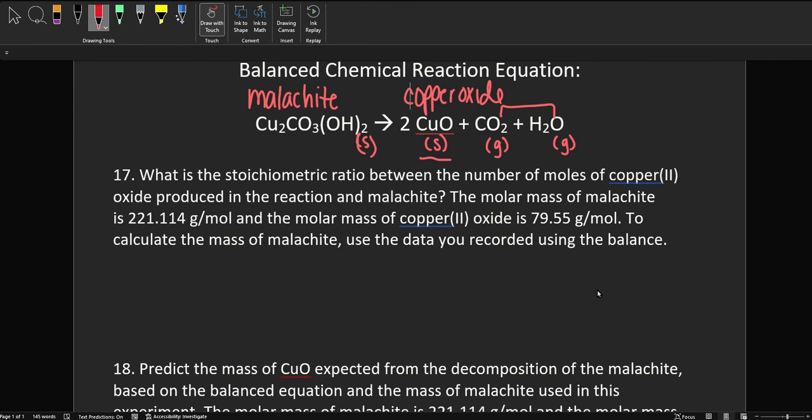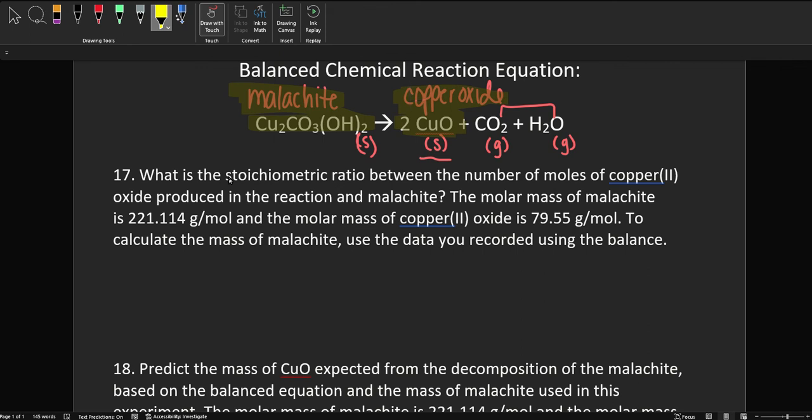So how are we going to do this? We are going to calculate the moles of malachite that we started with, and then calculate the moles of copper oxide that we ended up with. We are going to see what the ratio is between those two, meaning we're dividing, and that's our stoichiometric ratio.